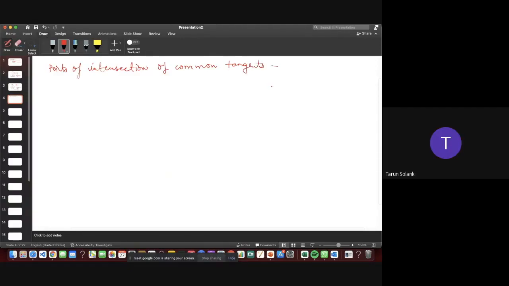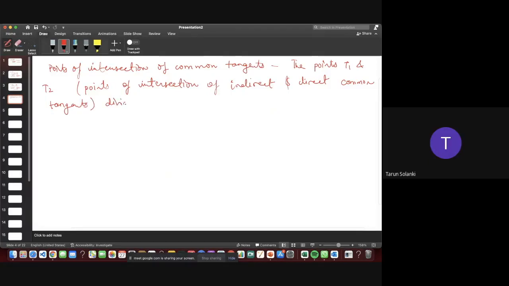That means the points T1 and T2, the points of intersection of indirect and direct common tangents, which divide C1C2 internally and externally in the ratio of R1 is to R2, right?